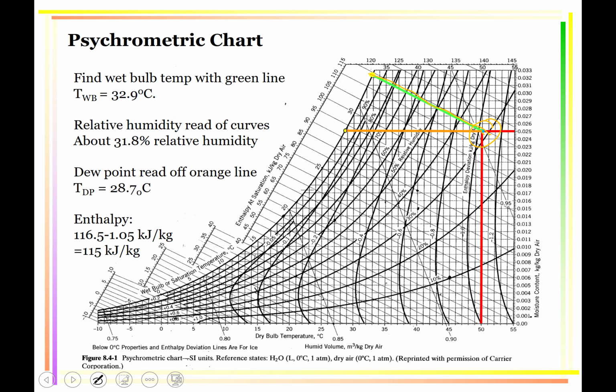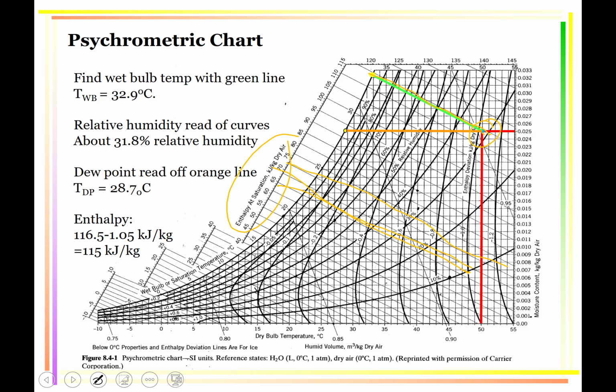What that means is, this is the enthalpy at saturation, and these lines are lines of constant Q, so there's no loss of heat as we go up those lines.